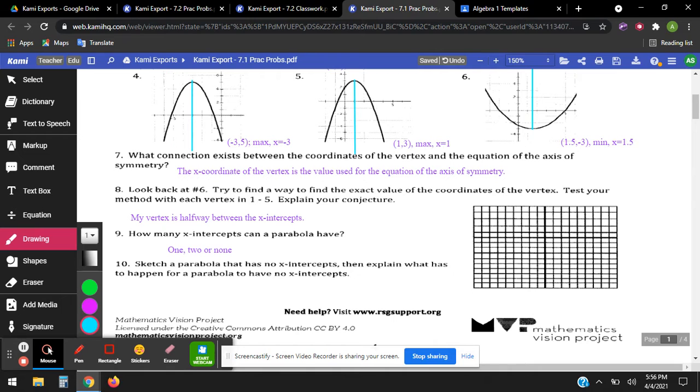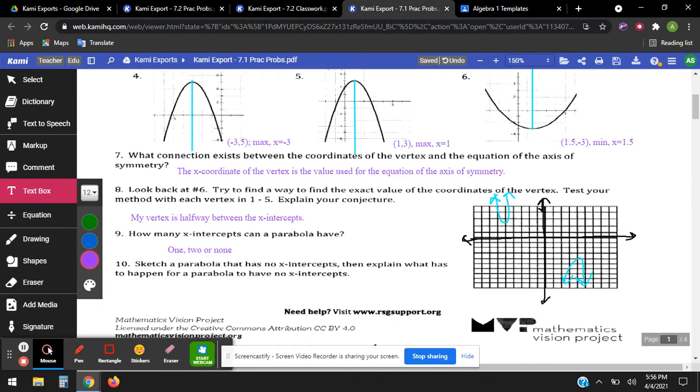So I'm going to go back to drawing. We're going to make this one my x-axis. This one's my y, so we can see them better. All right, so I would have to have it like down here. That doesn't have an x-intercept. This guy up here doesn't have an x-intercept.